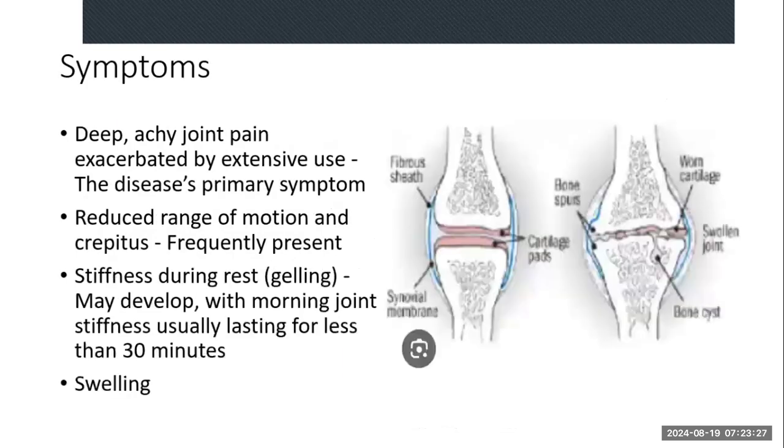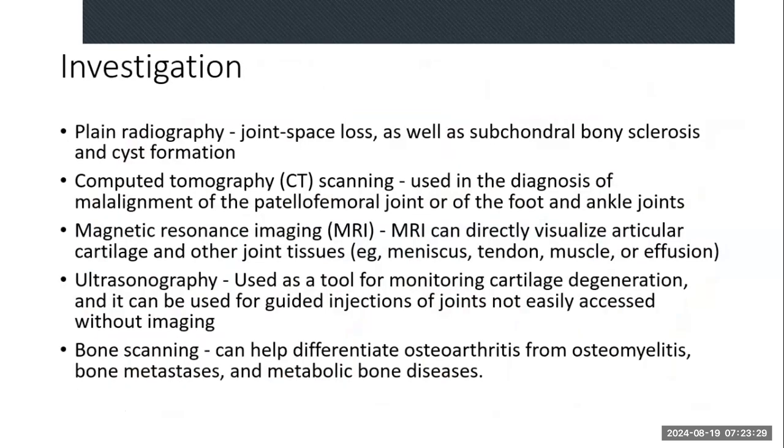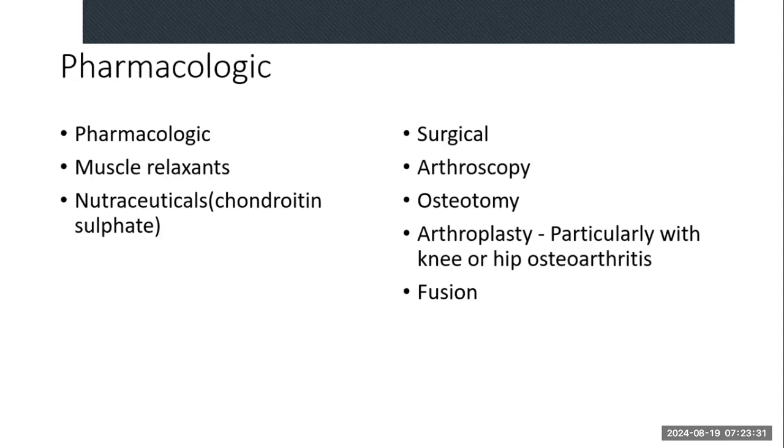For arthroplasty, there's replacement of the joint in which you might need to put a prosthesis. And for fusion, when there is failure of arthroplasty, you want to fuse both joints together. When you fuse them together, you want to reduce the friction in between the joints.